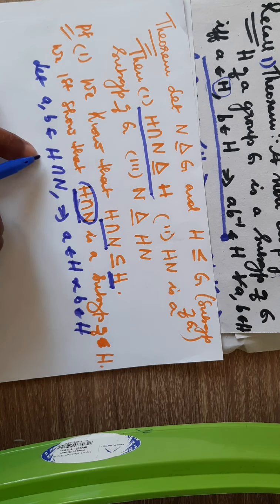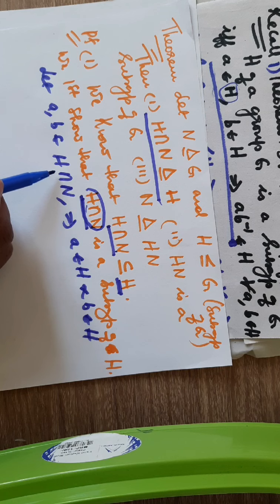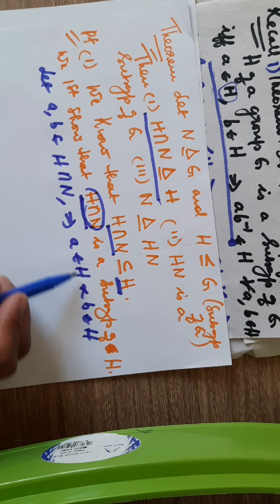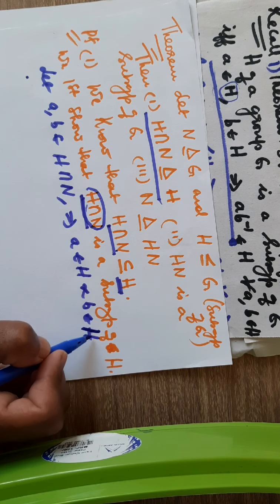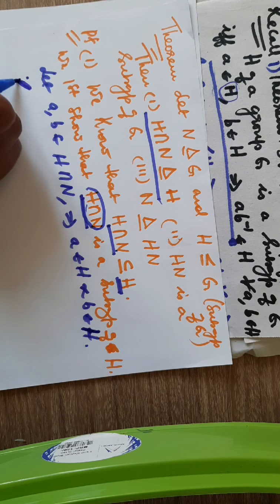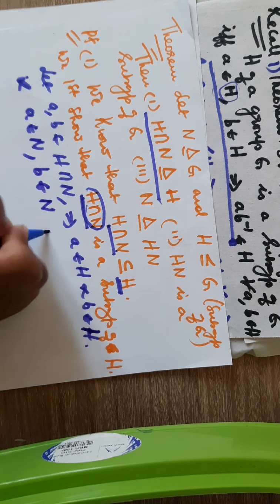If a and b belong to the intersection of two sets, then they must belong to both of those sets. So a belongs to H, b belongs to H, and at the same time a belongs to N, b belongs to N.